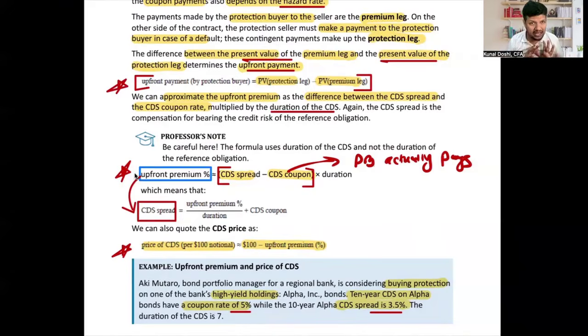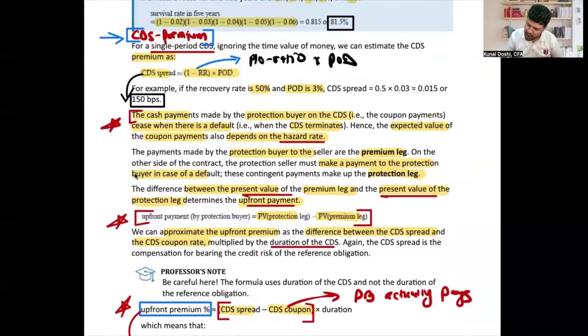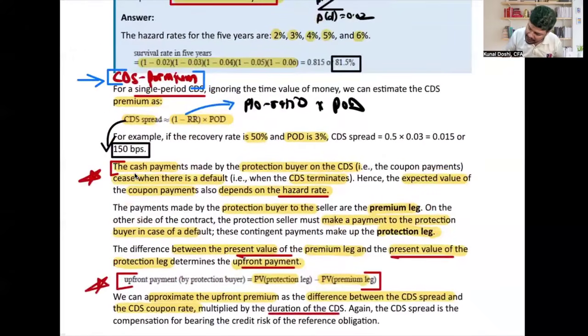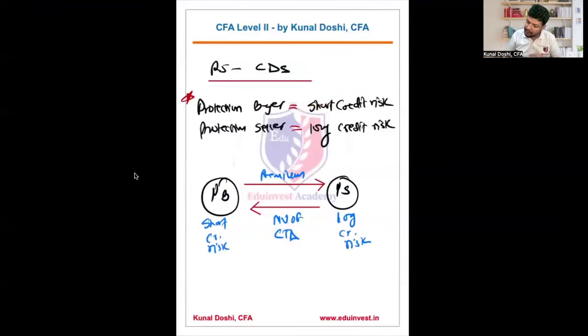One thing you can understand here is the CDS spread, or CDS premium. The premium is basically the CDS spread, which is the default rate into the probability of default. How much you will lose if the bond defaults into the probability of default. This one formula you can remember.